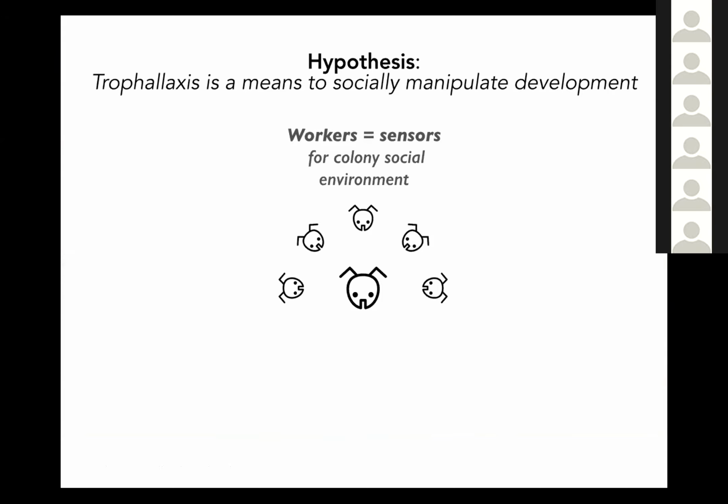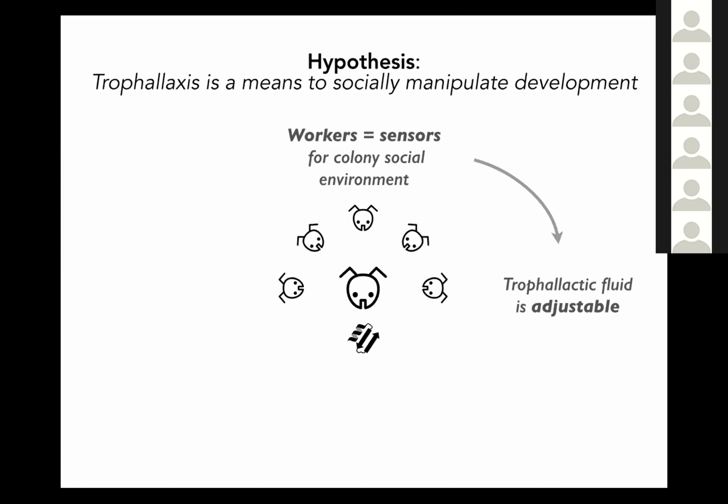which is that trophallaxis is a means to socially manipulate development. So the idea here is that the workers within the colony can act as sensors for the colony's social environment. Each individual is a sensor for the social environment. And they then translate their response to the social environment into the molecular components of their trophallactic fluid.